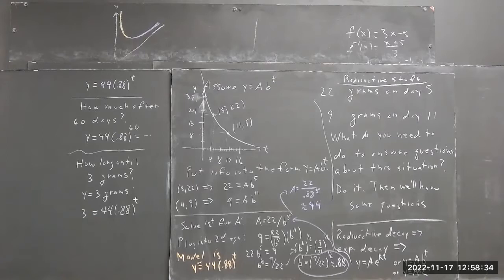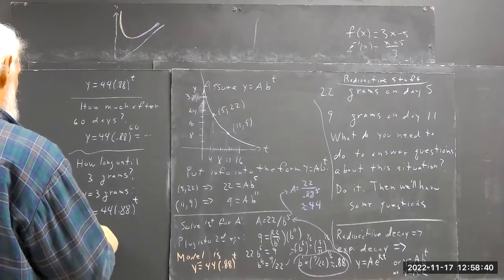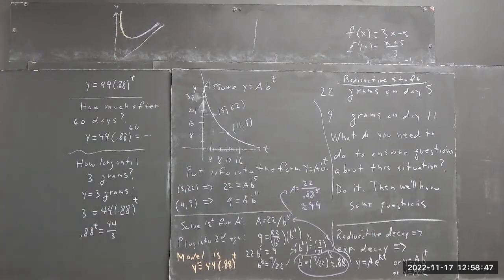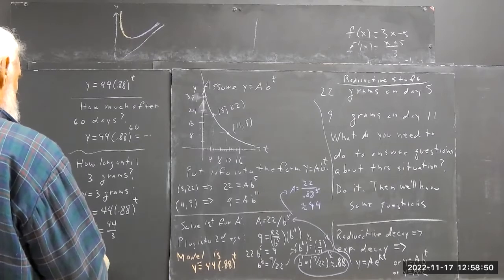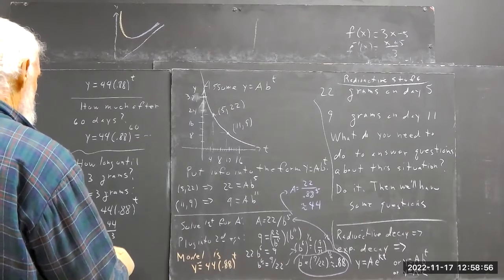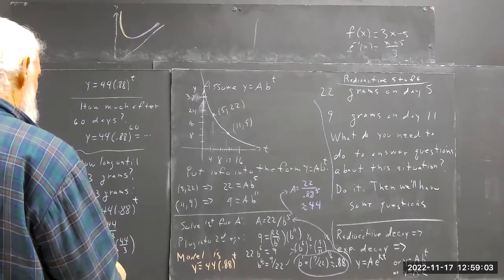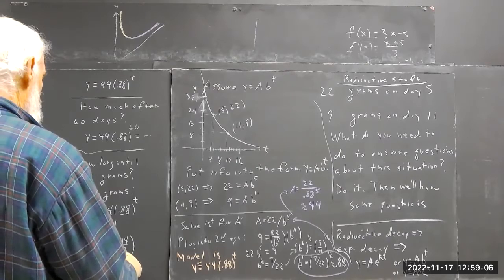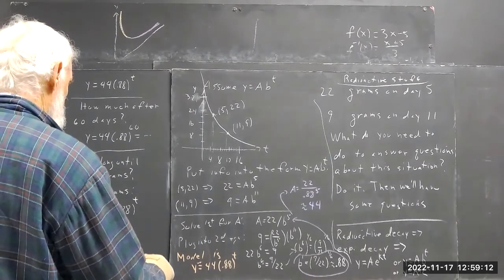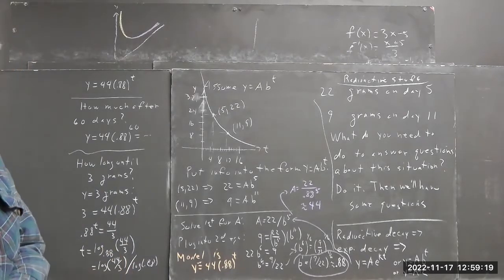Three equals 44 times 0.88 to the t. 0.88 to the t is 44 thirds. t is log base 0.88 of 44 thirds, which is the log of 44 thirds divided by the log of 0.88.